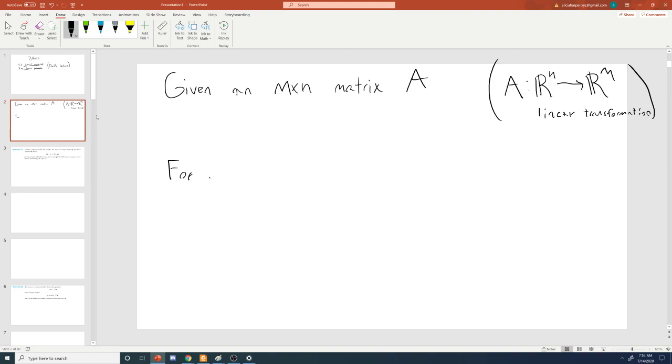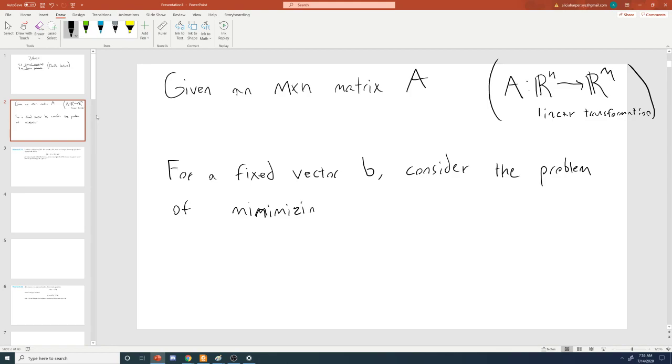For a fixed vector b, consider the problem of minimizing the length of the vector Ax minus b by varying x in Rn.